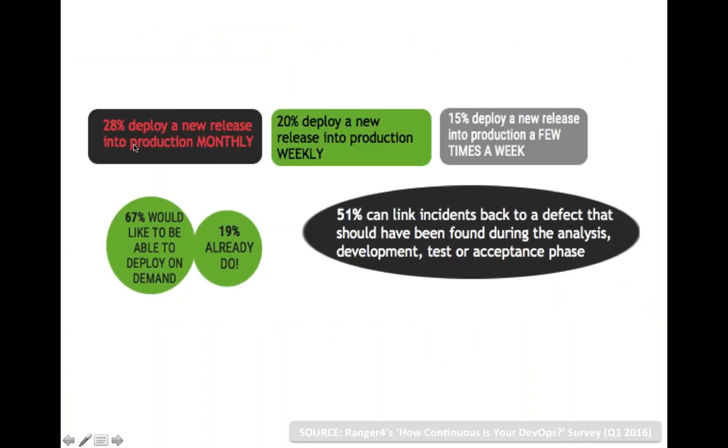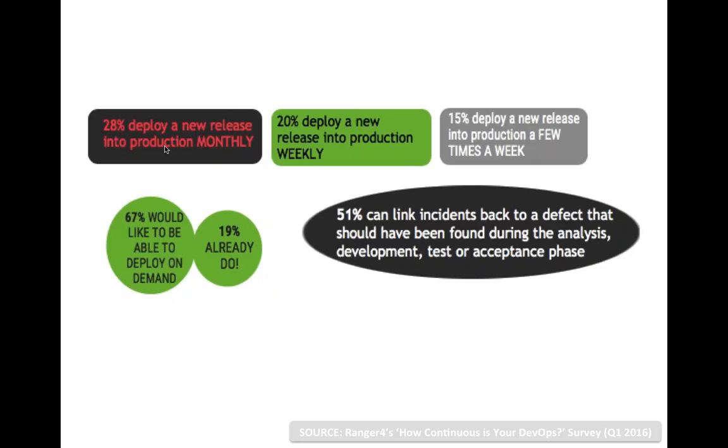So here we have some more results from our survey. We asked a number of questions around deployment automation. We've got 28% of the respondents deploying a new release into production monthly, only 20% weekly, and only 15% deploying a new release into production a few times a week. I've been working in the release automation space for quite a while now.